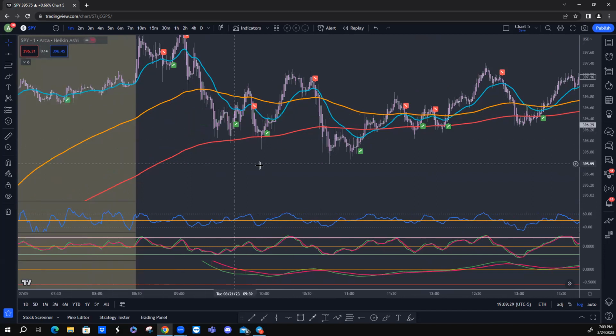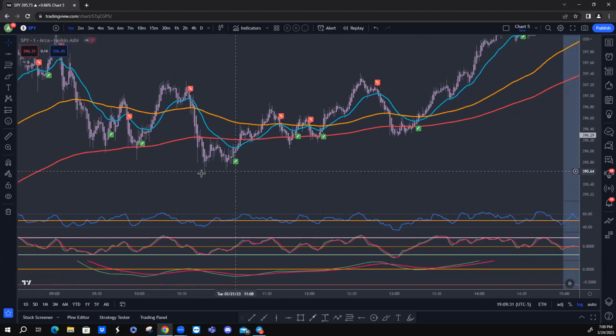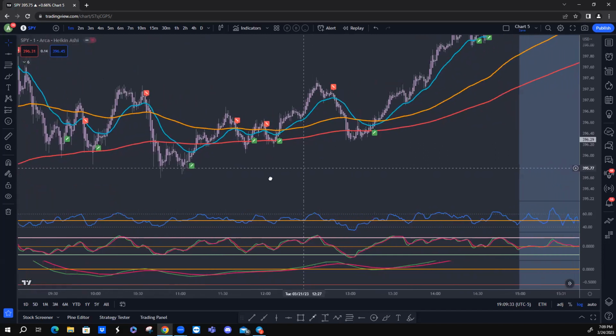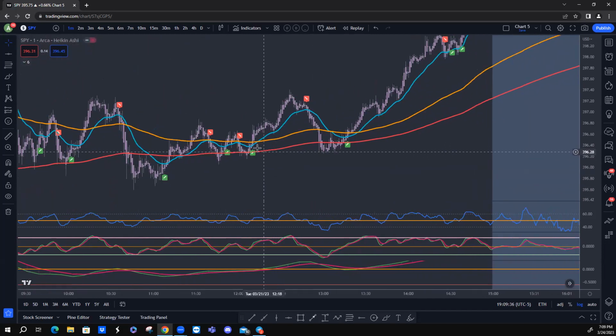Okay. So when I'm talking about patterns here, you see right here, you've got the red, the orange, and the teal. So once I see, for instance, the teal crossing above the orange, I know that this is going to be a long trade, just like how we see it coming in over here.